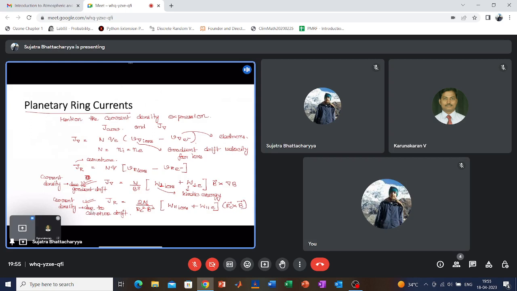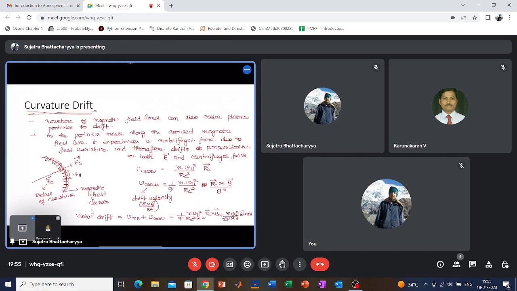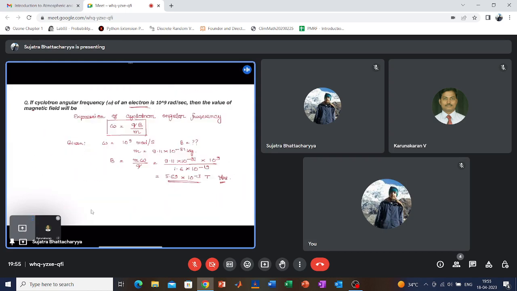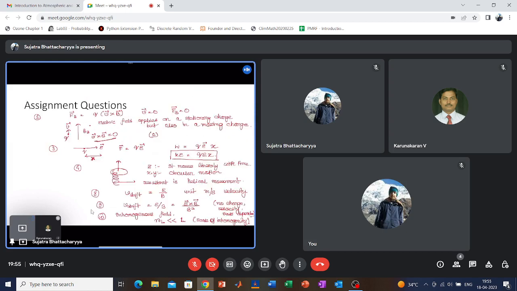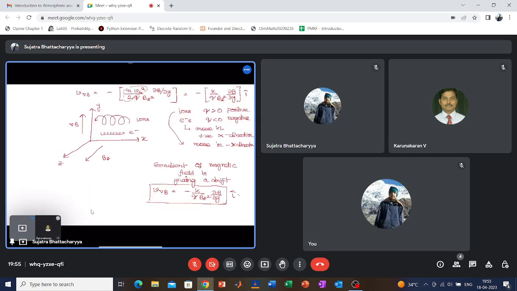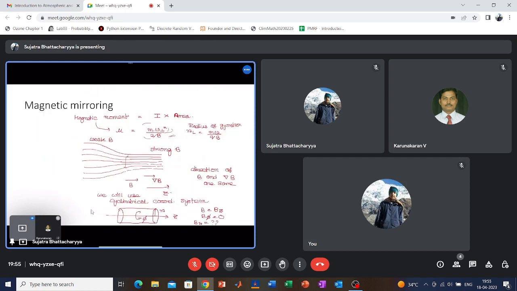And planetary ring currents also, some curvature related and gradient related current densities, I have put the expressions. And we have seen in detail the curvature drift as well as the gradient drift derivation. And these are the 11th week assignment questions which we have solved. So this ends today's lecture.